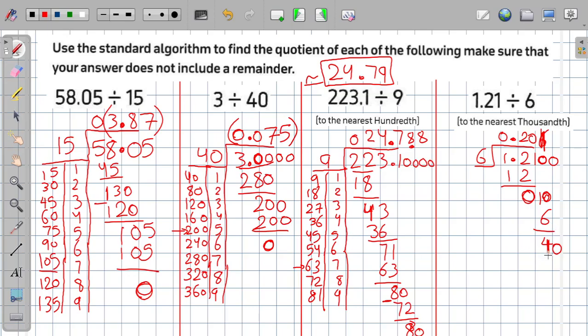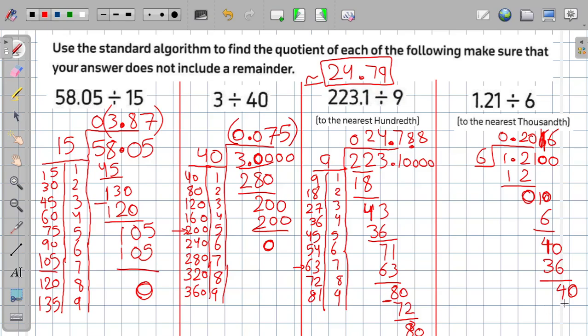So 40 divided by 6, I think 6 by 6 equals 36 and 6 by 7 is 42. So I will take 36. 36 divided by 6 equals 6. Okay, so the remainder will be 4. Again, I have another 0.